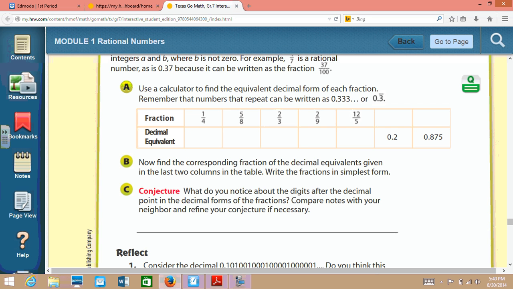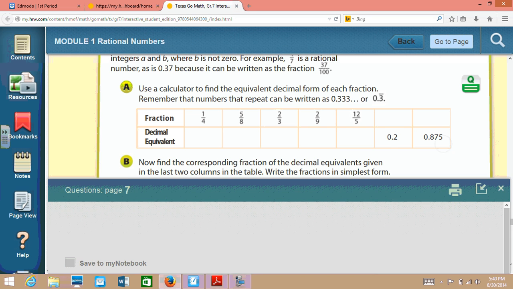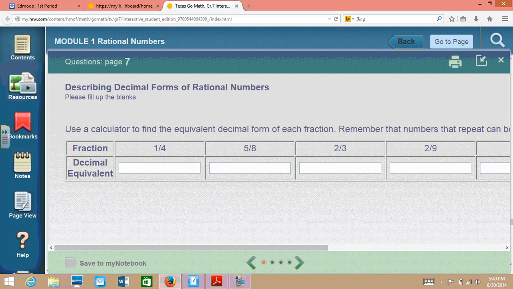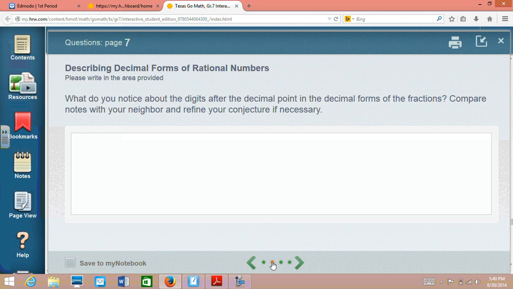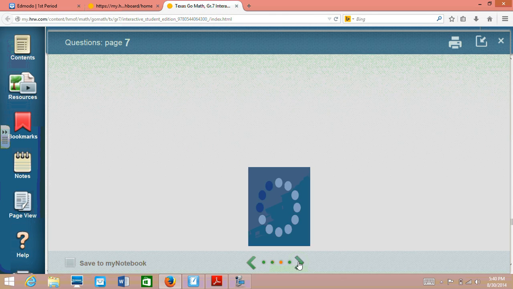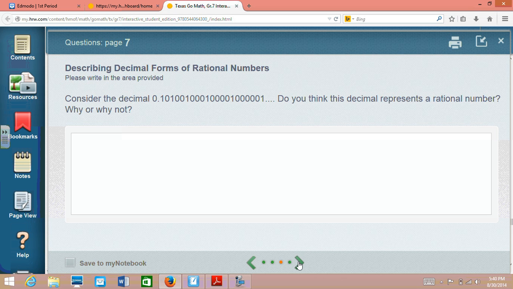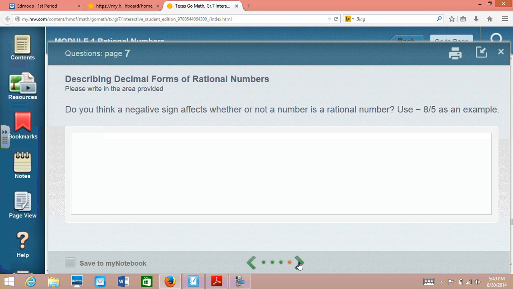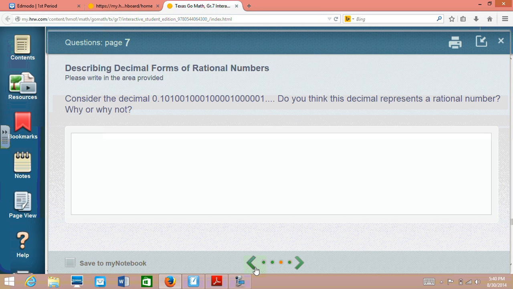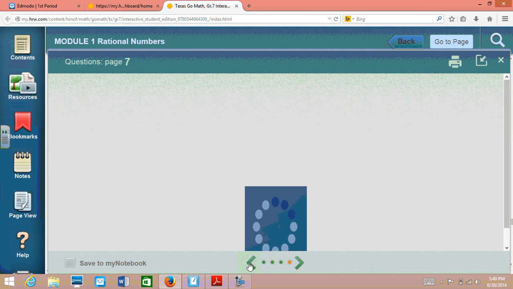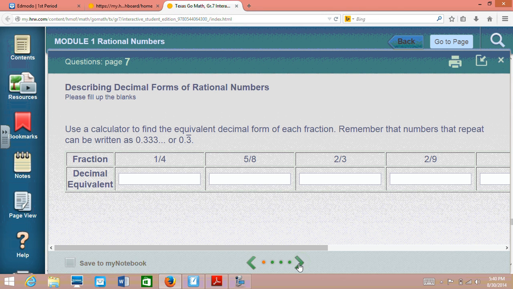And then the ones over here, how do you turn these right here into decimals? Okay, sorry. So we're going to work on this one right here. Basically, how do you turn this into a decimal?